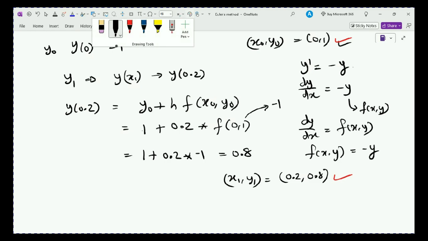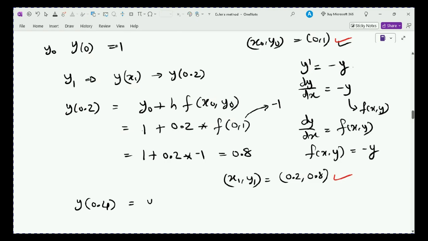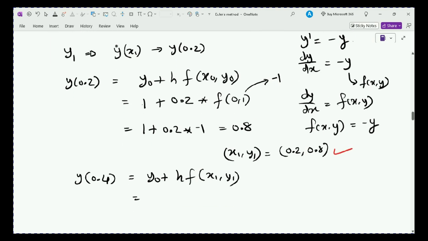So y2, which is y of 0.4, is equal to y1 plus h f of x1 y1. Sorry, it's y1 here. So y1 is 0.8, plus 0.2 into f of x1 y1. f of x1 y1 is minus y1, which is minus 0.8.